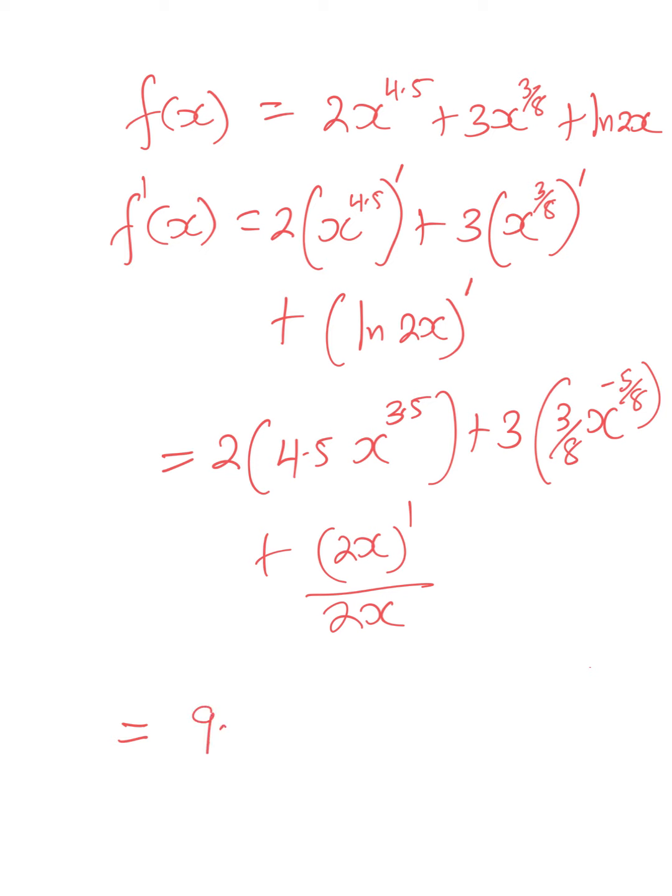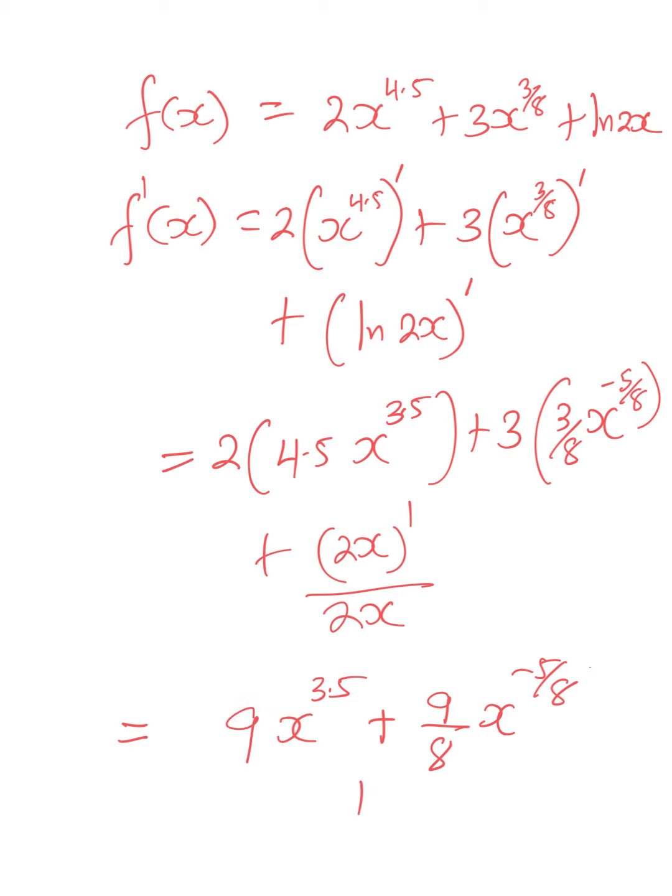That's 9 x to the 3.5, plus 9 over 8 x to the minus 5 over 8. The first one here is not 9.5, it is 9.